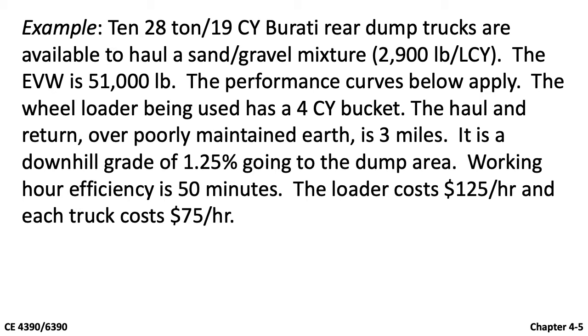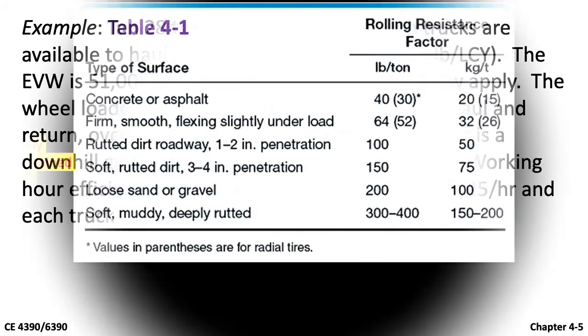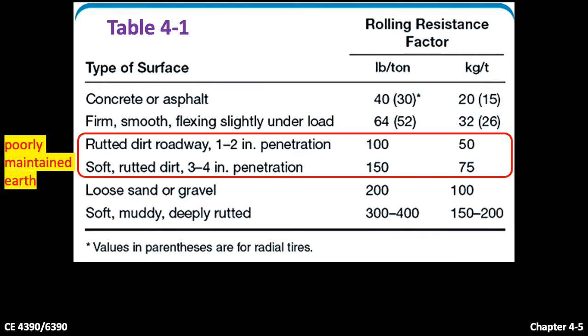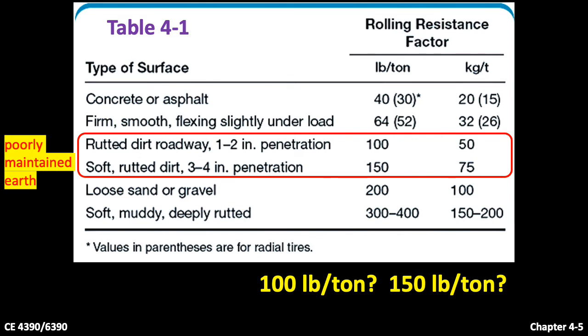In this example, the trucks travel over poorly maintained earth, so you need to look up the dirt surface in this table. These two are closest to our hauling condition, so let's use the average of the rolling resistance factors for these two conditions. So it is 125 pounds per ton.